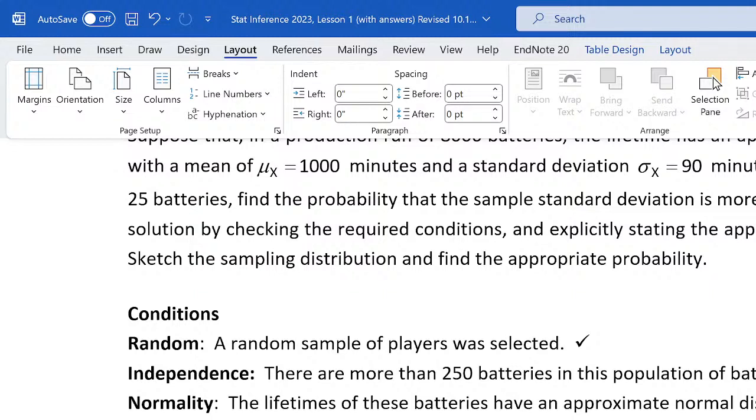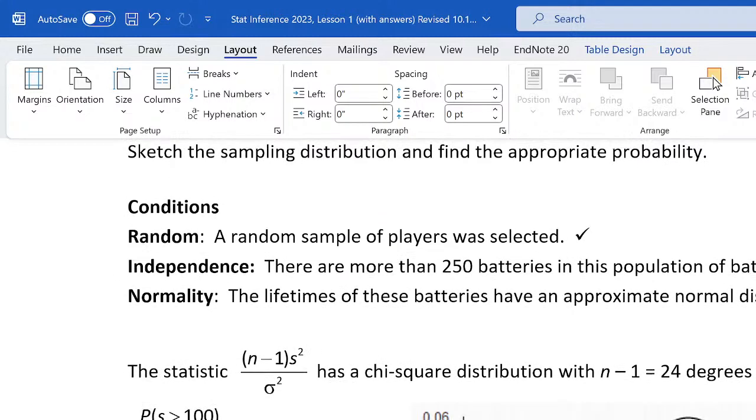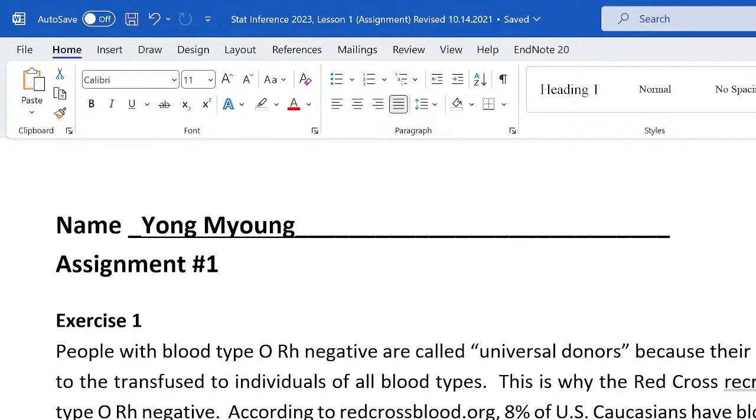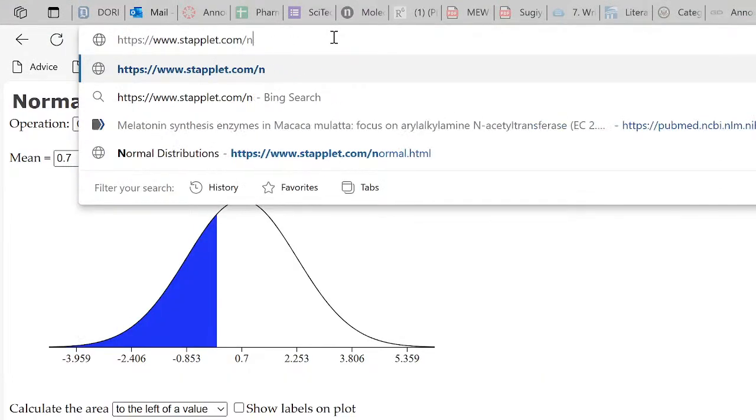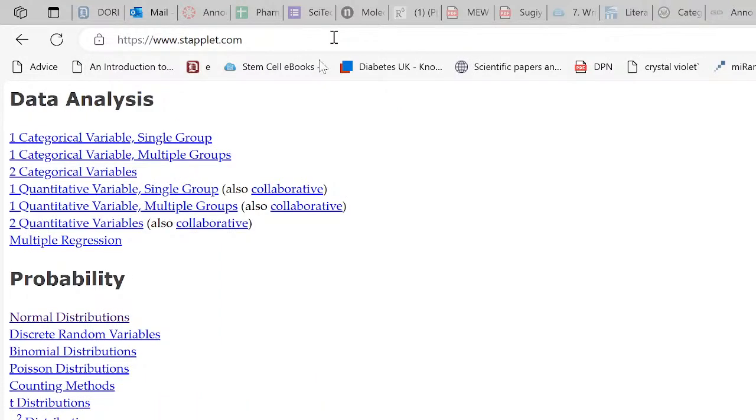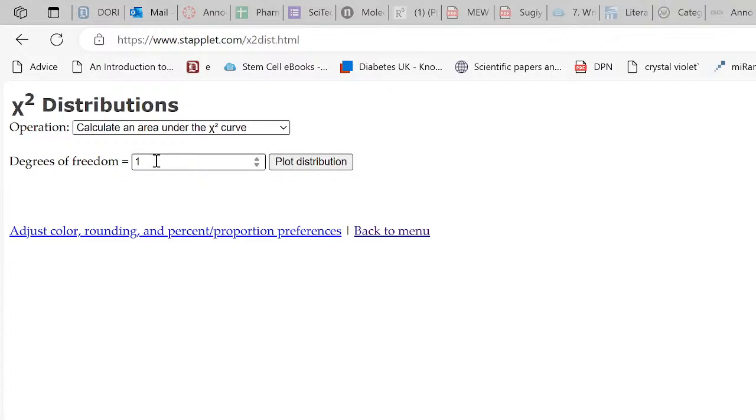So I'm going to go to the menu, Statlet. There's chi-square. All right, so area under the curve.